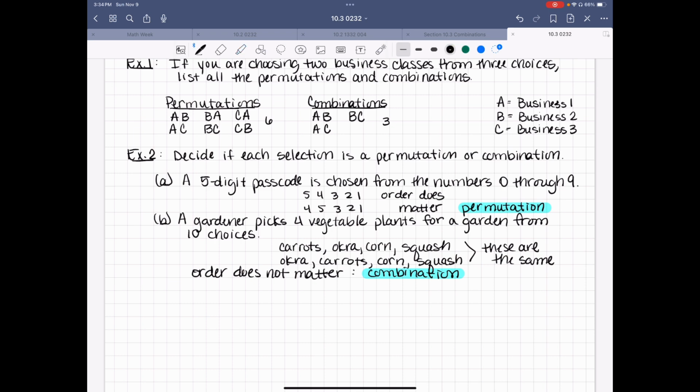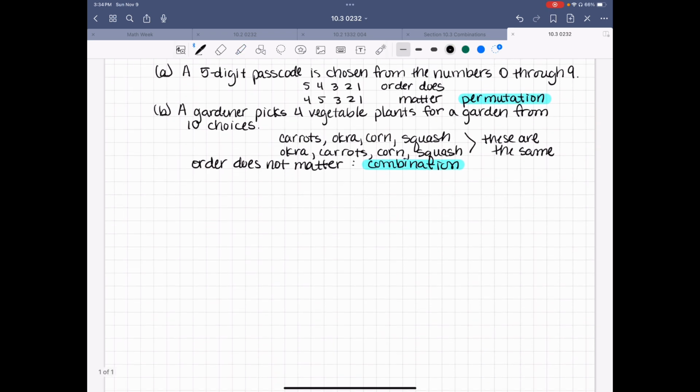All right. Let's look at the combination rule. I have nCr. This time we use a C. That capital letter is a C instead of a P because it's standing for combination instead of permutation.